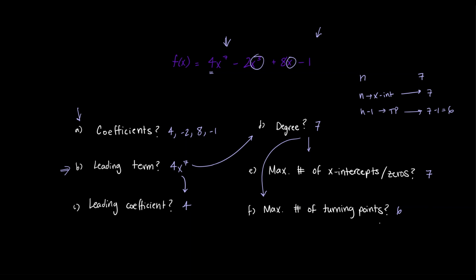I mean, you could see that in this specific case, it actually could not have 0 x-intercepts, simply because 7 is an odd number, and if it has an odd degree, it has to cross the x-axis to finish in a different quadrant than it started, which means that it could not possibly have 0 intercepts since it needs to cross the x-axis. But in any case, it can have fewer than 7 x-intercepts, and it can have fewer than 6 turning points, but the maximum number is given by this rule over here.